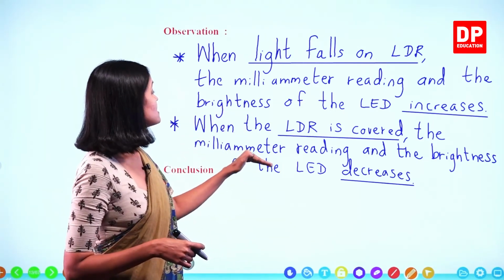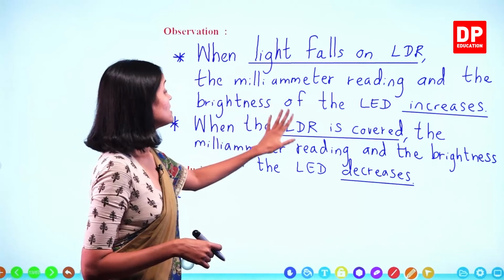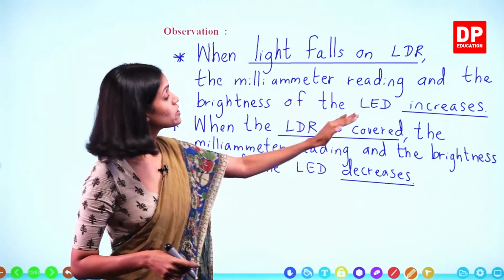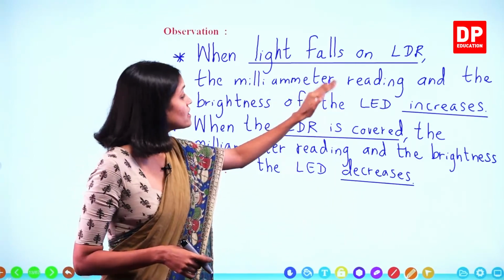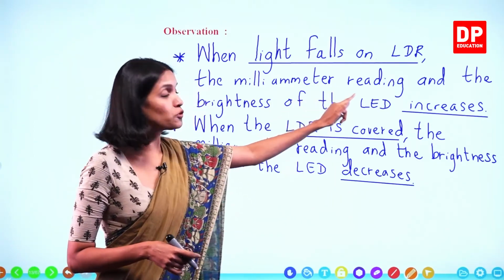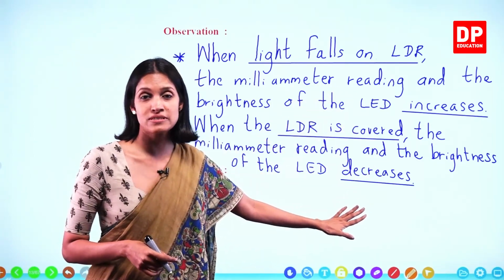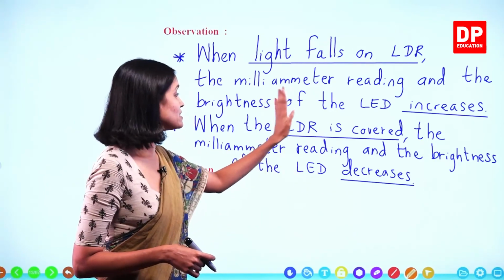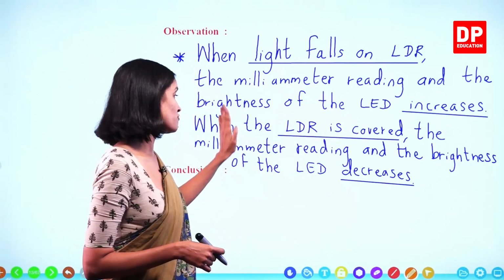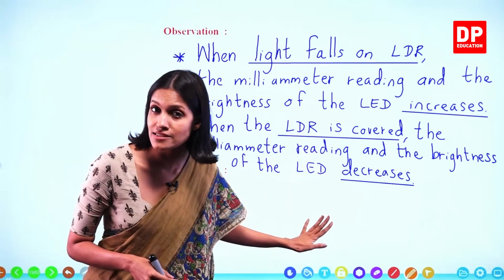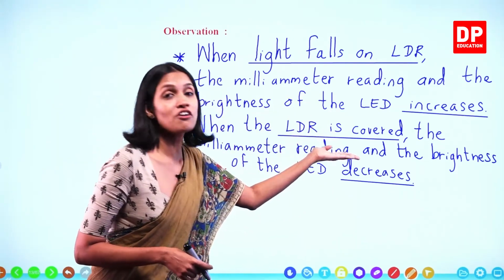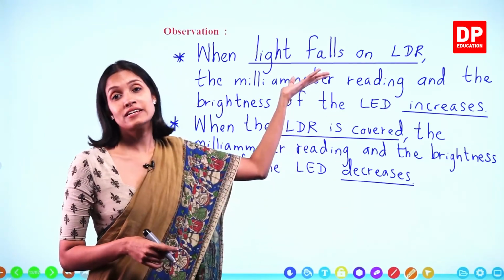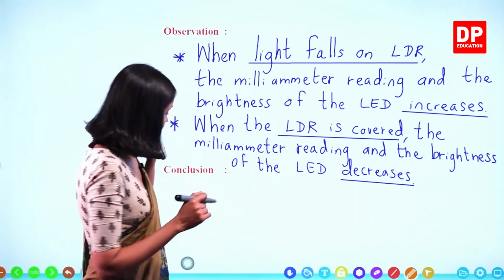So in the second instance, what happens when the LDR does not get light, which means the LDR is covered? What happens, children? The amount of electric current flowing through the circuit reduces. That is why the milliammeter reading and the brightness of the LED both decrease, right? Which means the resistance of the LDR increases, right? Let's write.